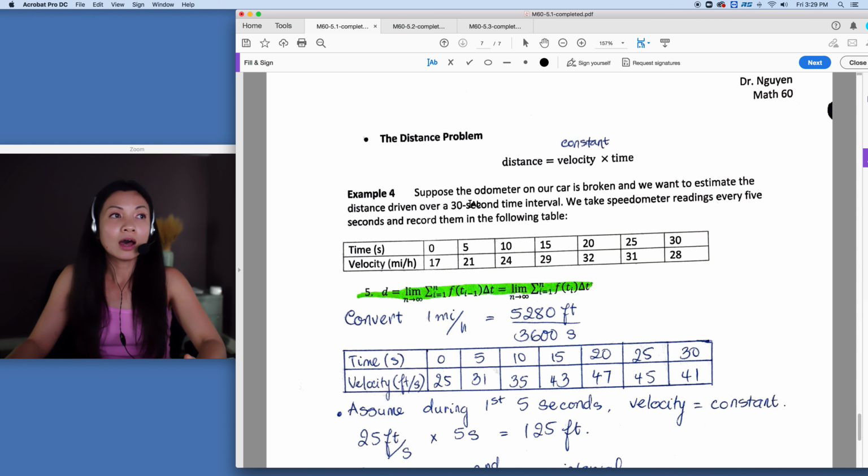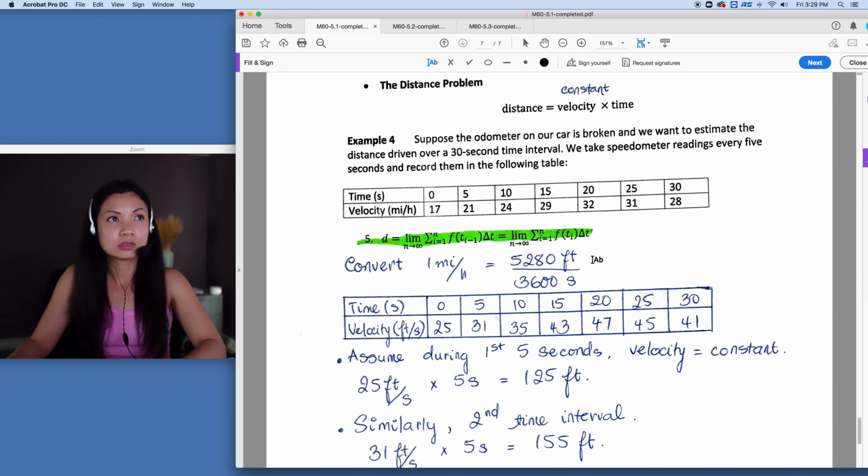We have a car that's broken down, and we want to estimate the distance driven over a 30-second time interval. Right here, that's a table. I'm taking the readings every 5 seconds, so this is 0 seconds, 5 seconds, 10 seconds, 15, 20, 25, 30 seconds, and so on. And then these are the numbers for velocity.